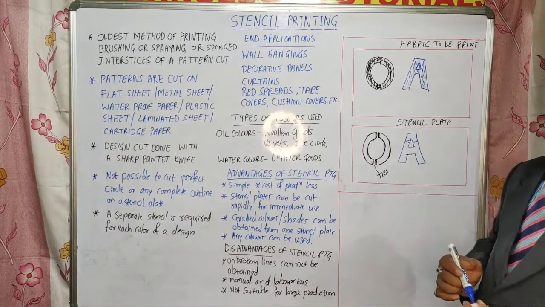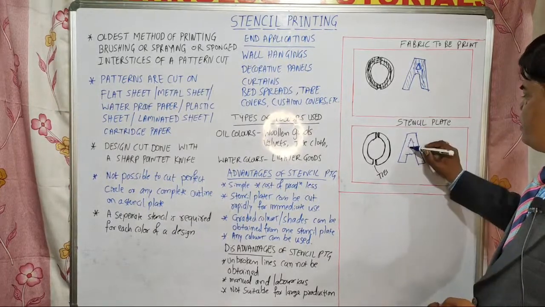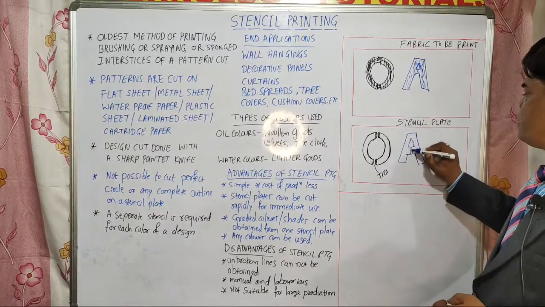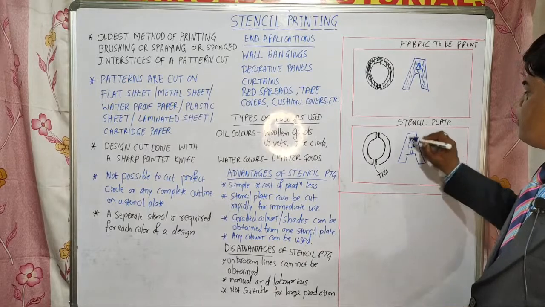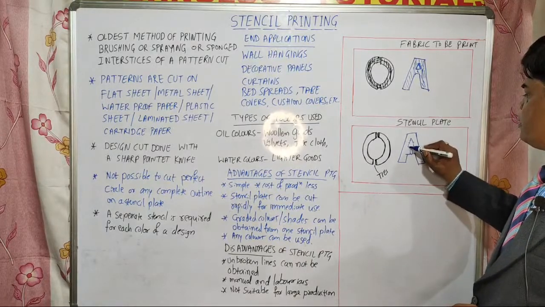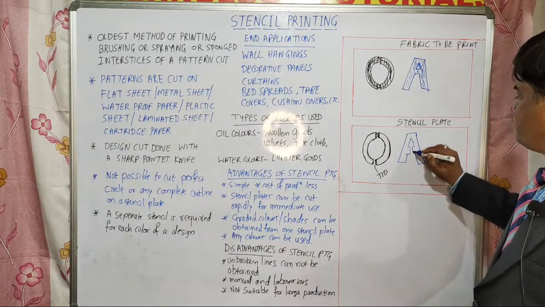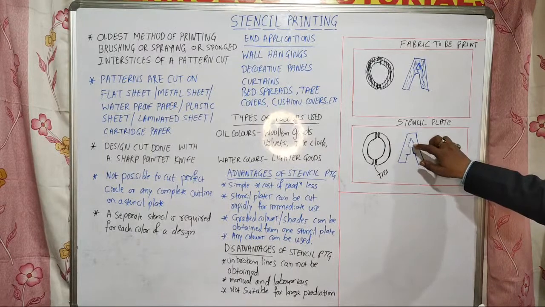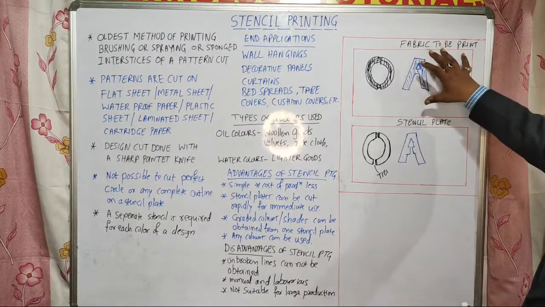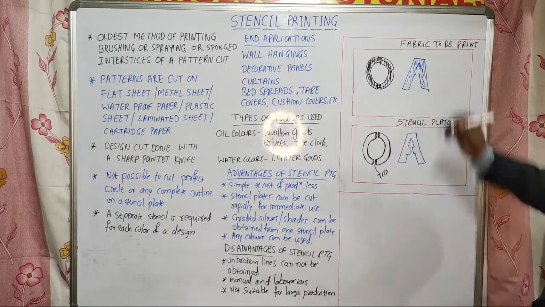Any one support we have to give, so that this part is an unbroken part, and the rest is cut. Like this we have to cut. Then only this inside triangle will be there. So if I put the stencil, we can paste it, and this part will not be printed.